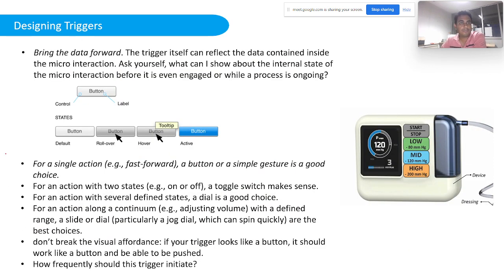So here is some information that you need to consider for designing triggers. You need to consider bringing the information forward. Users should understand the status of the system even before they execute a particular trigger. Why would the user wonder whether to push start or stop?